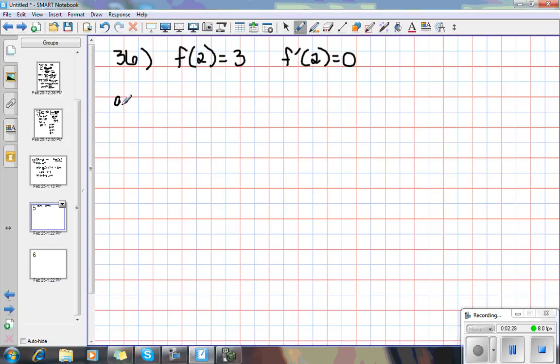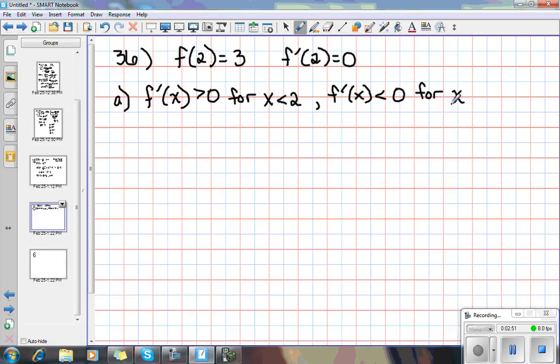Then we're given some various information, and we need to sketch a graph for each type of problem. First we're told that the derivative is positive for x less than 2, and we're also told that the derivative is negative for x greater than 2.